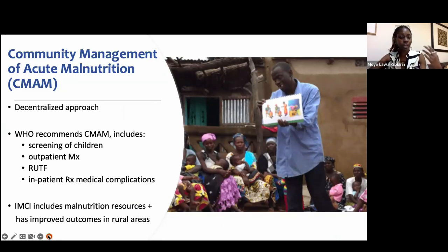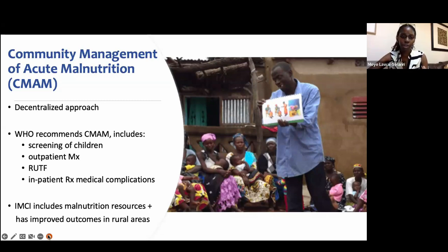The World Health Organization recommends CMAM, and it includes screening of acutely malnourished children, outpatient management, providing ready-to-use therapeutic food, and then referring children who are severely malnourished or have medical complications to hospitals for inpatient management.